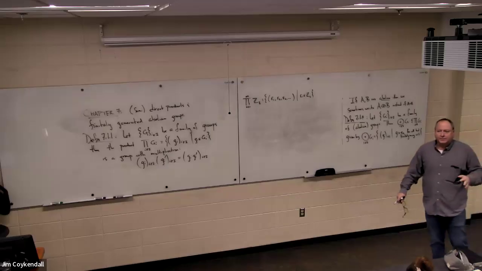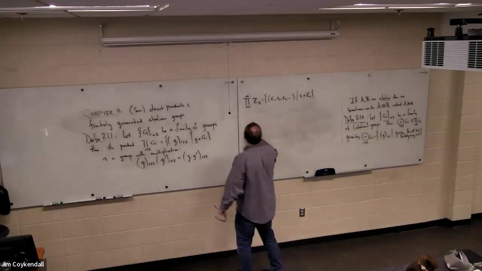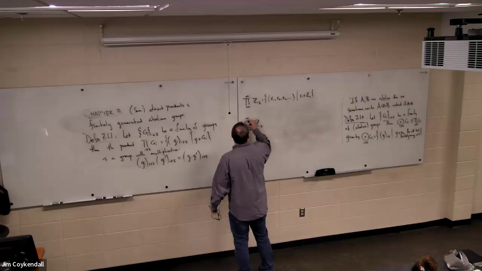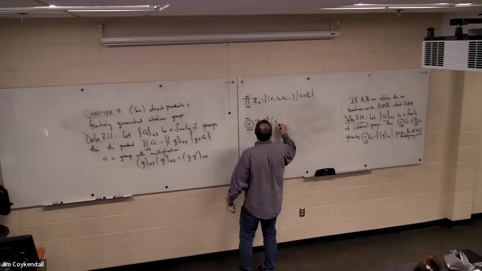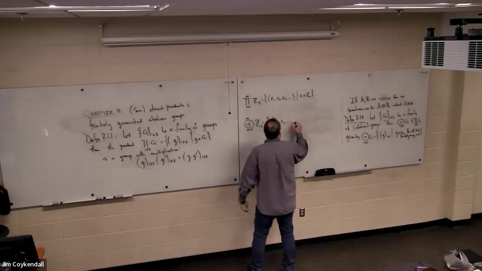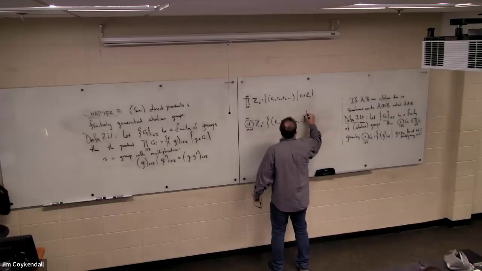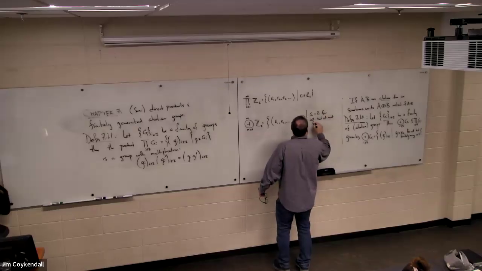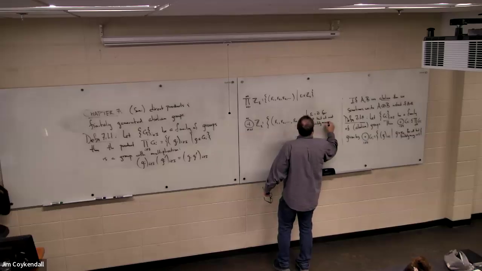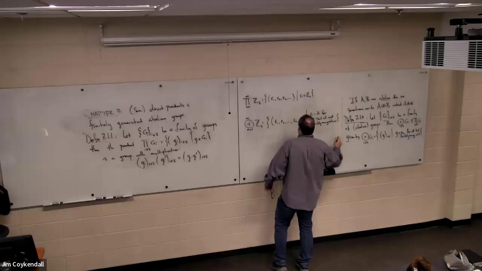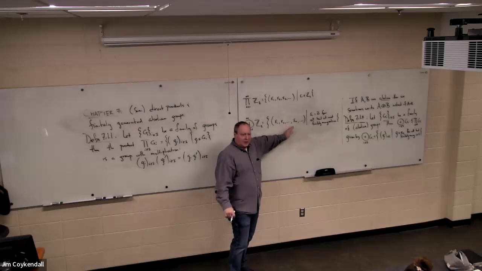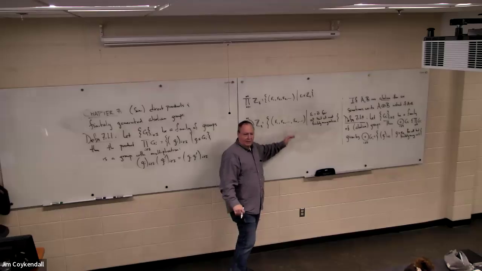Everybody agree? I've got complete freedom. The direct sum of Z2, where epsilon_i is 0 bar for all but at most finitely many entries. So I've got this strange restriction because almost all of this has to be zeros. I can only have finitely many non-zero entries.